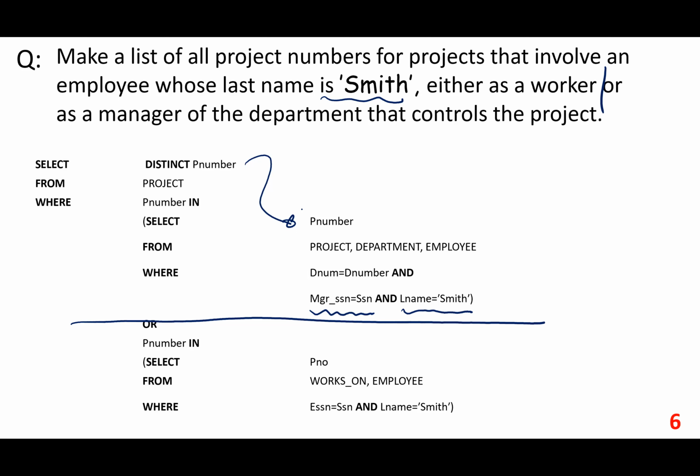That's the first part. The second part is the worker: last name Smith, and the works on table, because that's for the employee working on a project, with P number and the last name Smith.